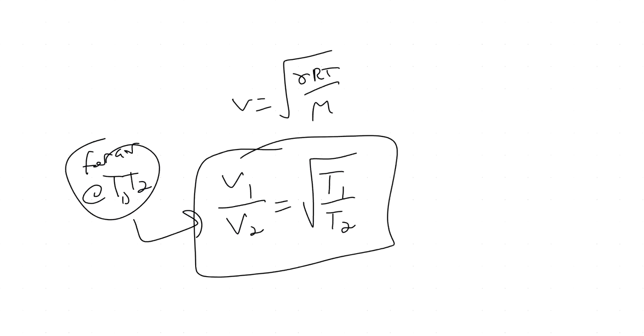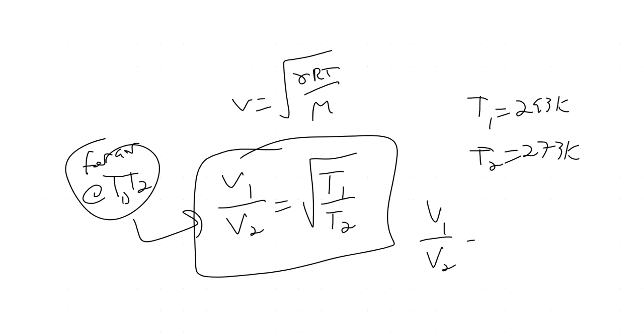So say T1 is 293 Kelvin and T2 is 273 Kelvin. Then the velocity 1 over the velocity of 2 will equal the square root of 293 over 273, which is going to equal, let's do that math real quick.